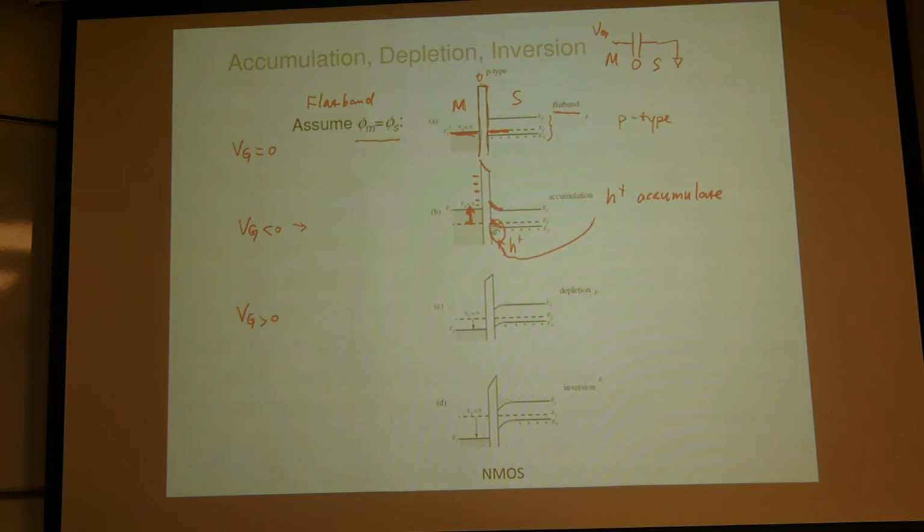Okay, so then let's look at the positive voltage. This is what we discussed from the bound model already. So positive voltage means the Fermi level of the metal will push down. Then everything here will be bent like this, because this is down. So then it will bend down like this.